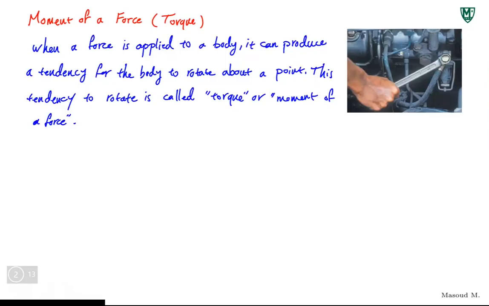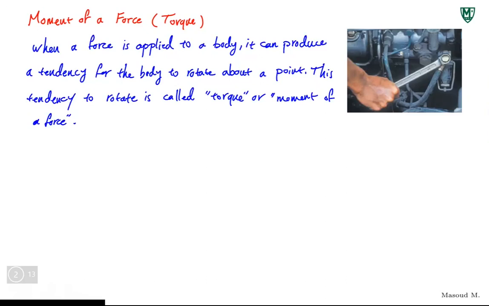Now, one thing about that point that the force wants to rotate the body about is that that point can never be on the line of action of the force. I'll talk about it more later on. But the example here is a very simple example of where we generate a moment of a force. When you're using a wrench to tighten or loosen a bolt, you're applying your force.